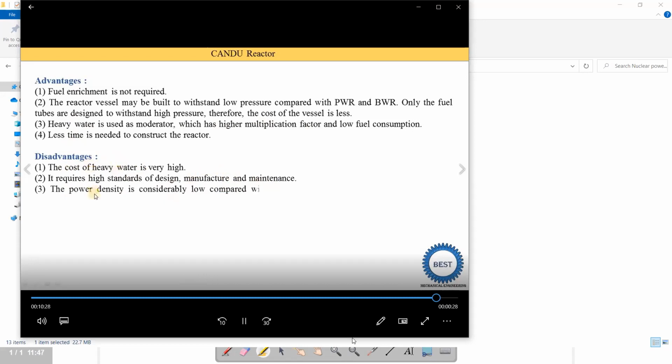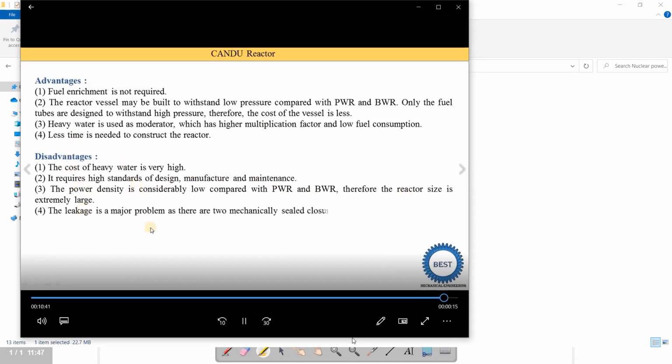The power density is considerably low compared with the PWR and BWR, therefore the reactor size is extremely large. And the last disadvantage, leakage is a major problem, as there are two mechanically shielded closures per fuel channel.